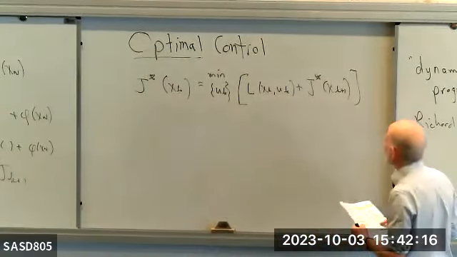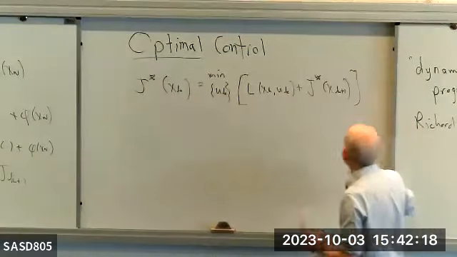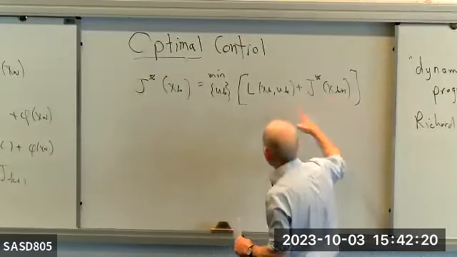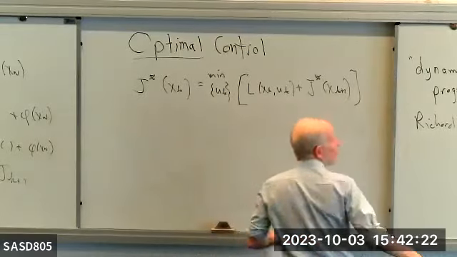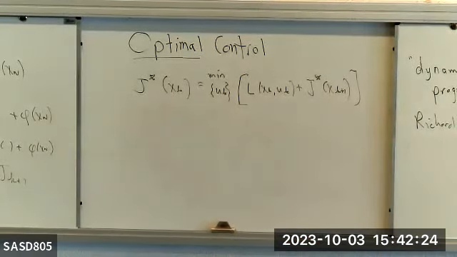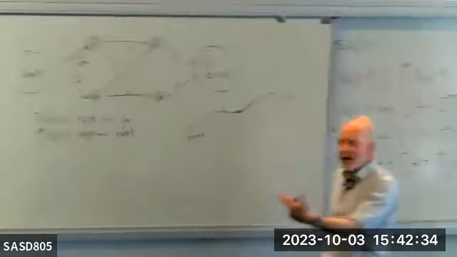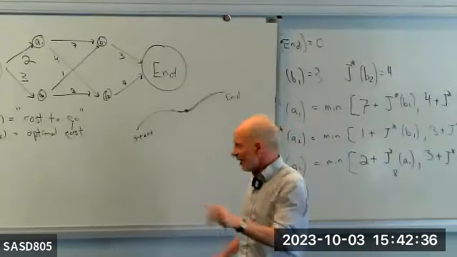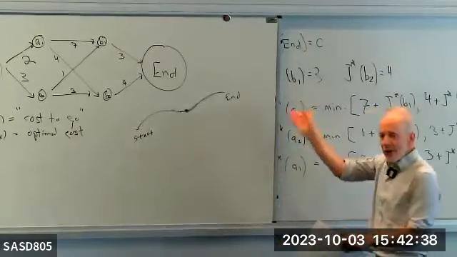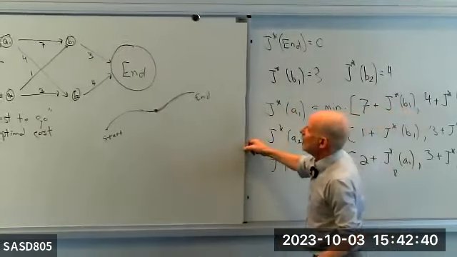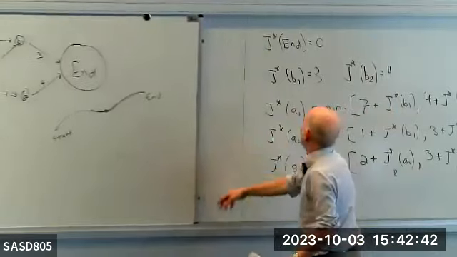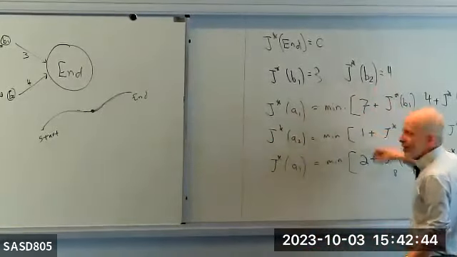The thing to note is that you solve this going backwards, just like you solve this here. Once you've solved it at every stage going backwards, when you choose the minimum, that corresponds to selecting a value of u, the action that you take. Here it was just, which city do I go to next?